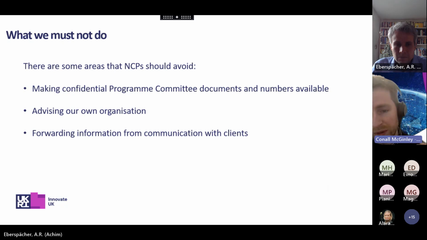We also tend to avoid advising our own organization, just to avoid any potential conflict of interest, if our own organization is perhaps applying for funding. And lastly, forwarding information from communication with clients is obviously something to be avoided as well.